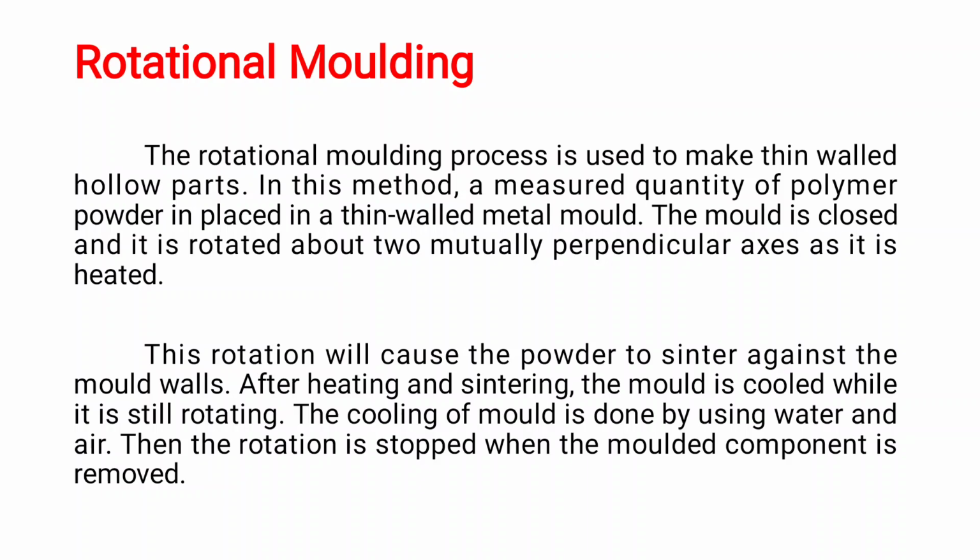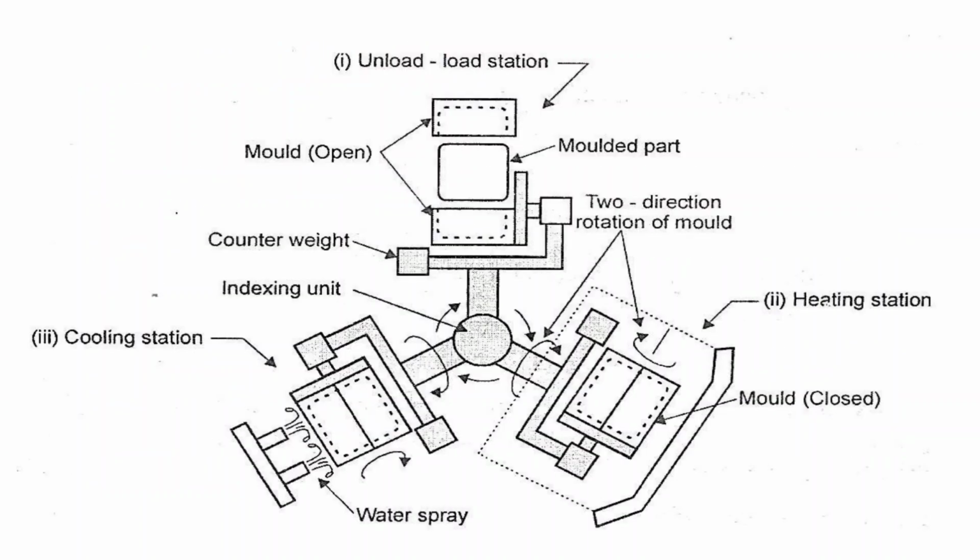This rotation causes the powder to stick against the mold wall. After heating and sintering, the mold is cooled while it is still rotating. The cooling of the mold is done using water and air. Then the rotation is stopped and the molded component is removed. As shown in the figure for rotational molding.